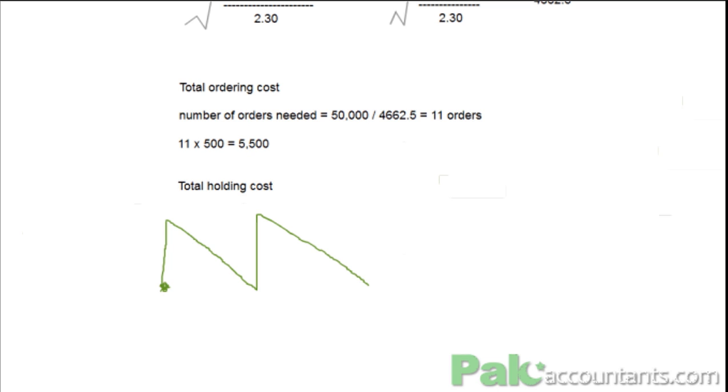So it will be from 0 to 4662.5, divided by 2.